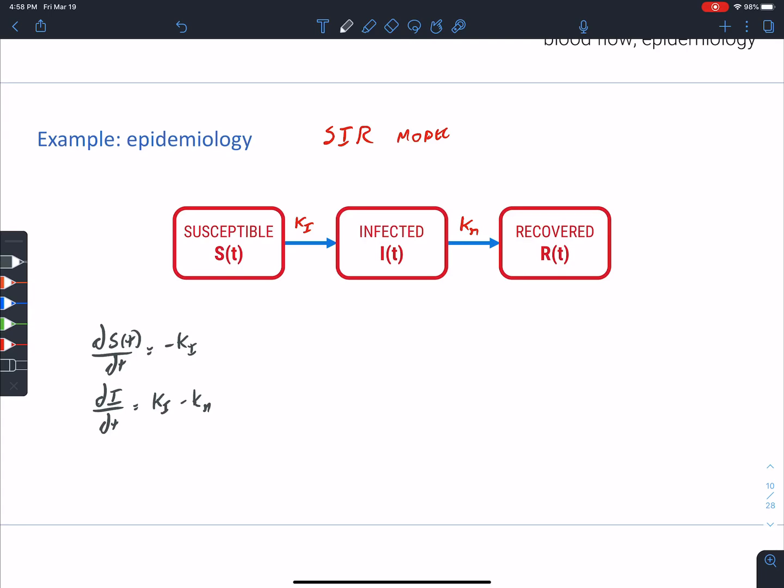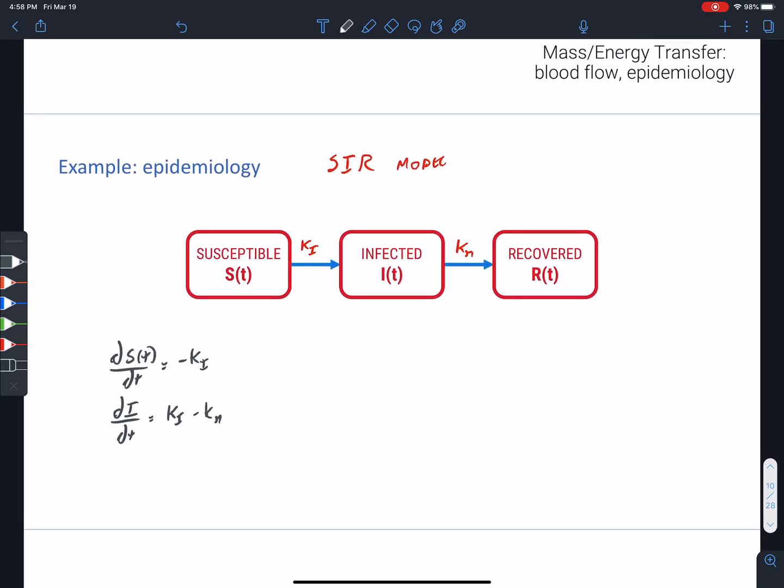And the recovery is dictated by a similar equation, but now we just have the input, right? People don't become unrecovered, so this will be just input k_r.